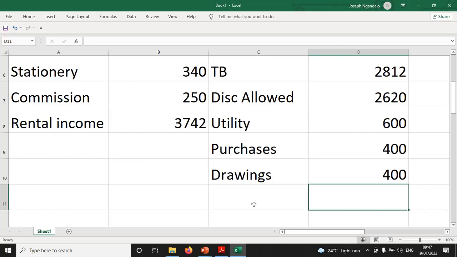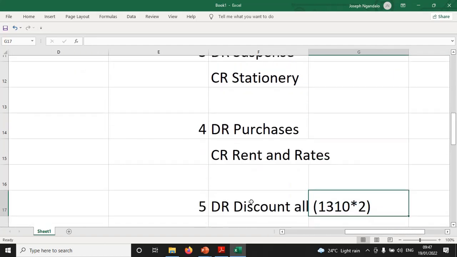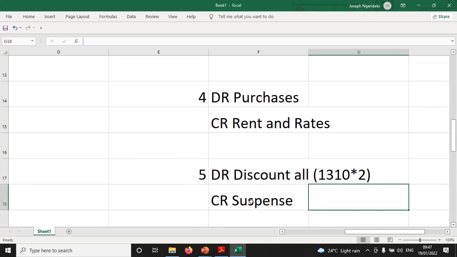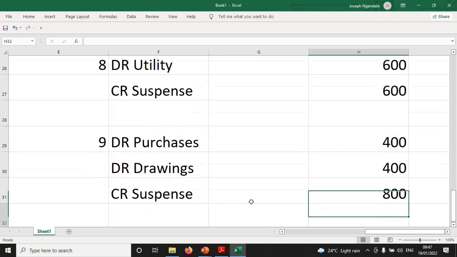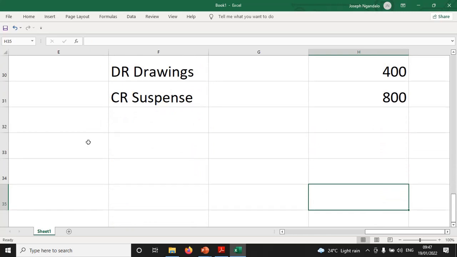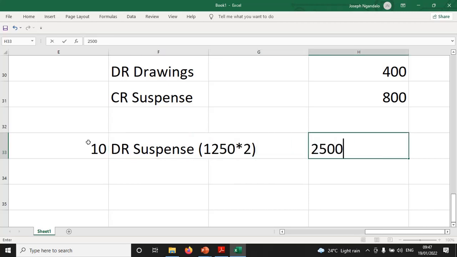So let's do the work. We say debit suspense, eh? Is that correct? This is number 10, eh? Debit suspense 1,250 by 2, you said 2,500, right?